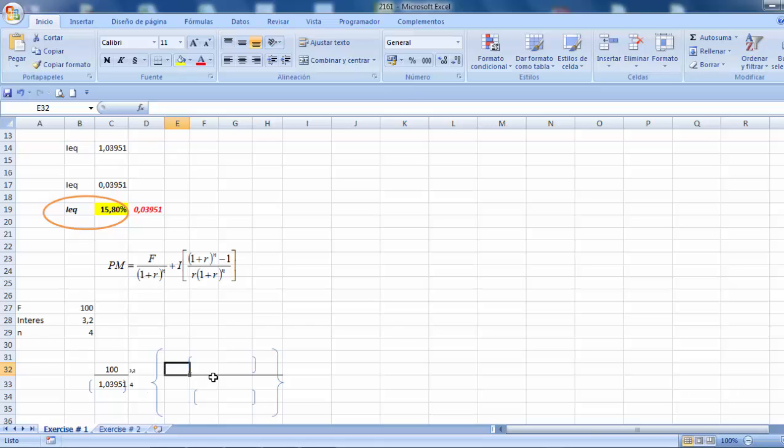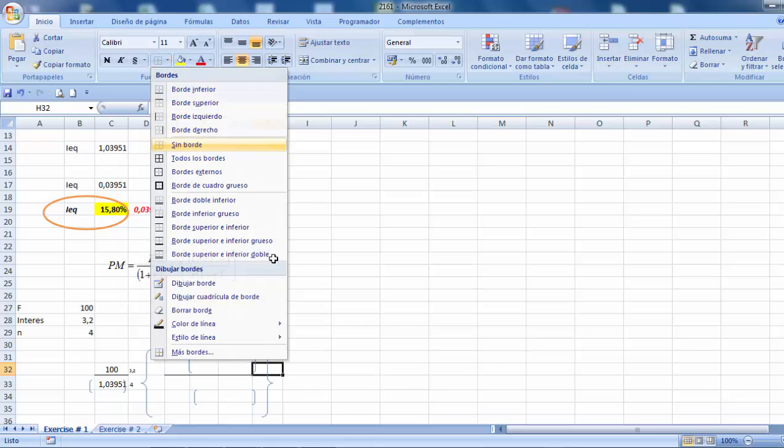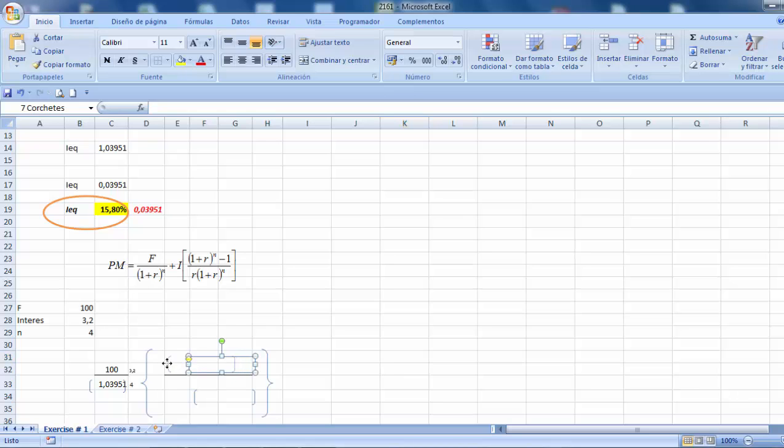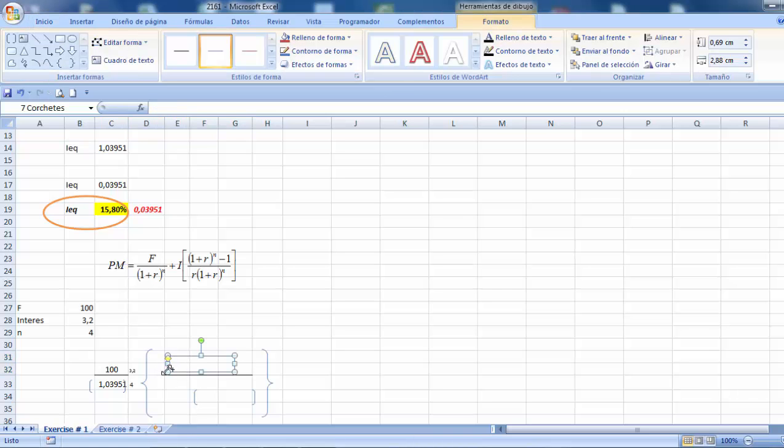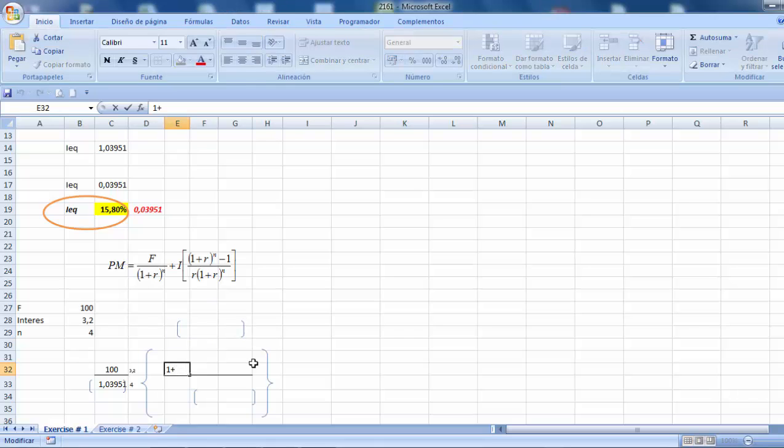So in the next part, we take 1 plus the previous rate, and elevate it by 4 less 1.